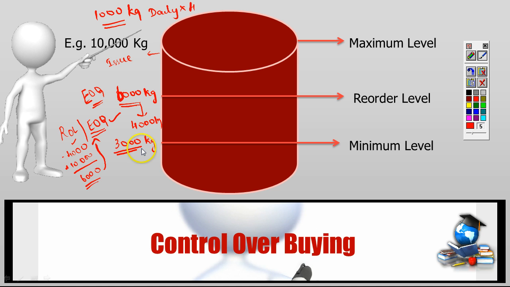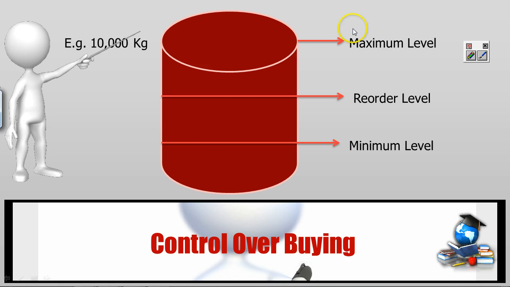If you delay more than Tuesday for the next week, then your minimum level again will start depleting. So then you have to immediately go and buy. I will just give you an example here. Say Monday you are ordering. Monday you have 10,000 units.